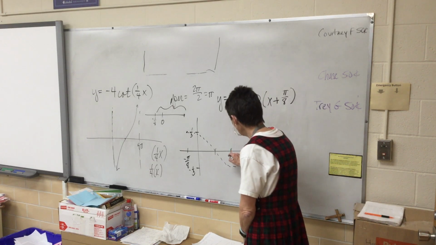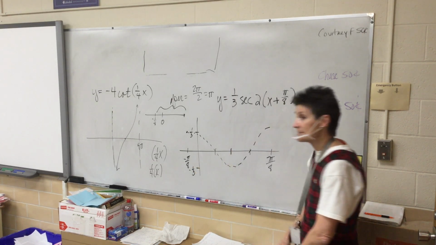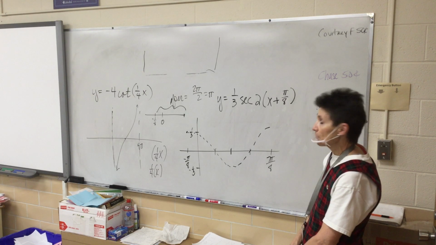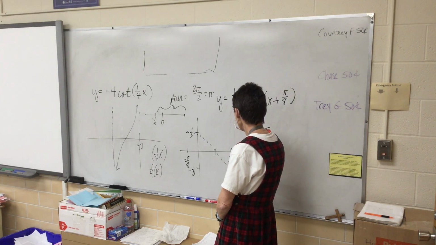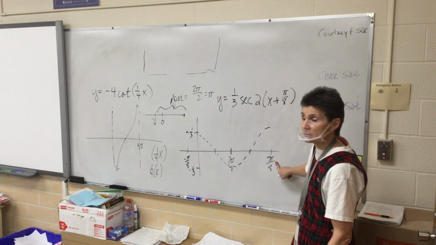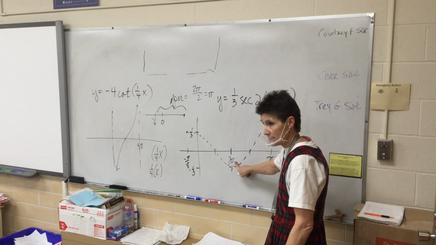What's in the middle of -1 and 7? 3/8, because -1 and 7 is 6, divided by 2 is 3.